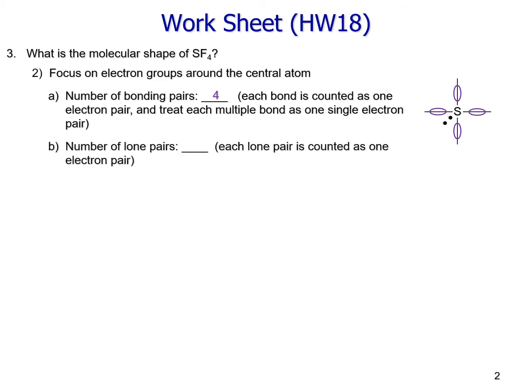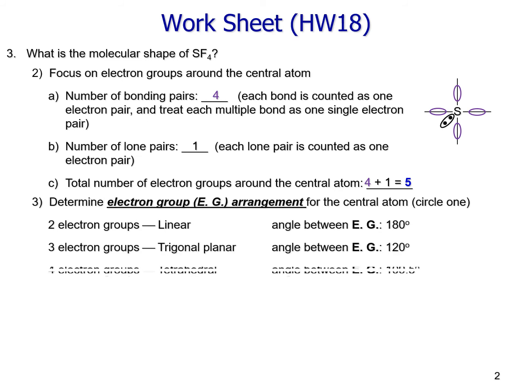Is there any lone pair? Yes, because sulfur does have a lone pair. Adding up, the total number of electron groups around the central atom will be 5. There are 5 electron groups that we see on the sulfur, which is the central atom.